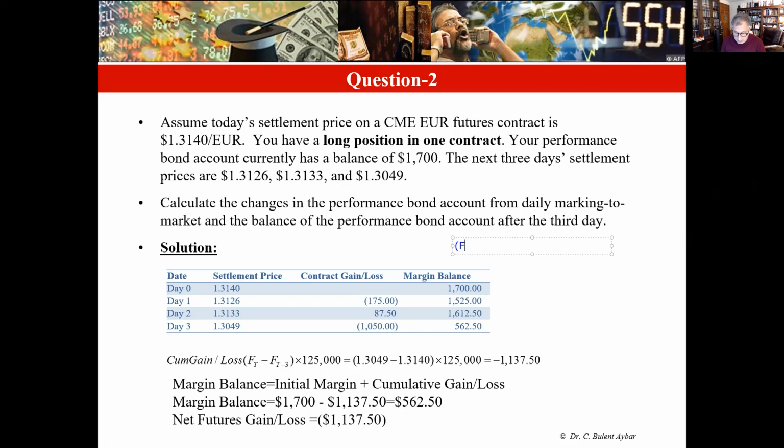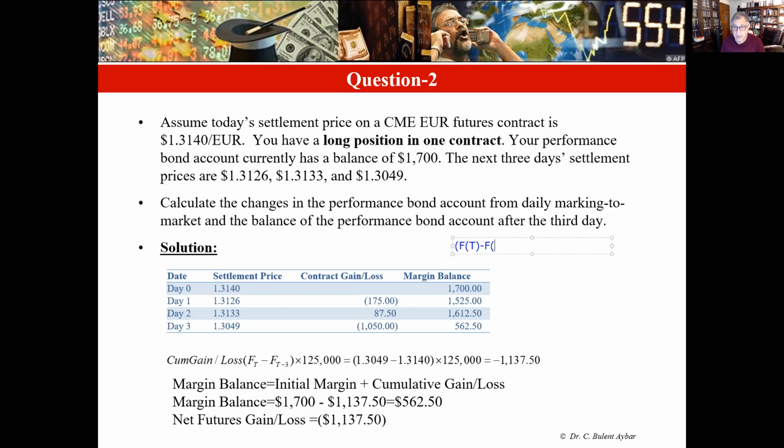F_T minus F_(T minus N). N is the number of days before the contract. For instance, if T is day 3, N is day 0, it should be 3 minus 3, which is going to be 0. Times, in this particular case, again, 125,000.